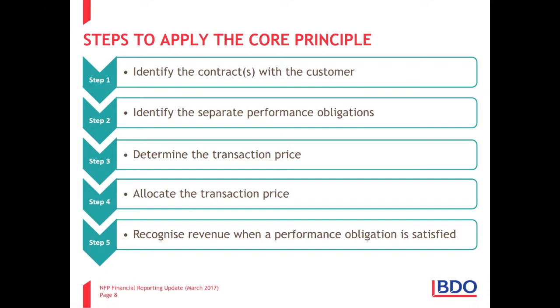So the best one I can think of is if we are Telstra and customers come in and sign up for a mobile phone contract. They receive a mobile phone when they walk out and they get access to airtime for, let's say, 24 months. So it's important to identify the contract with the customer. Is it only the contract with the individual walking in?